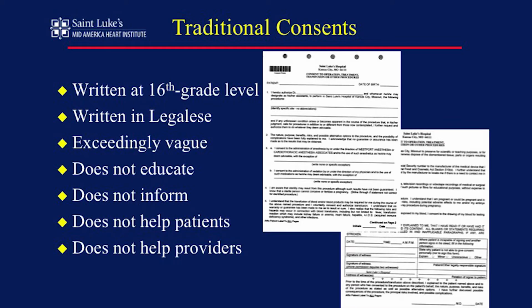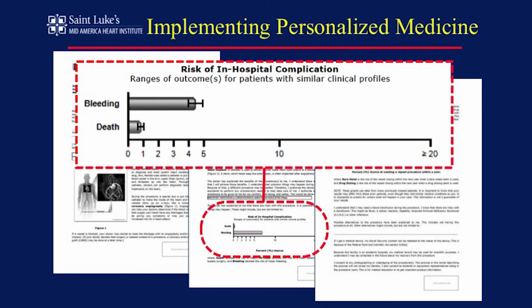So we sought to replace the consent forms, which every patient needs to complete before they undergo angioplasty, and which currently do not inform or educate patients much, with a personalized consent form that provides much greater explanation of what an angiogram, angioplasty, and a stent are, but also embeds each patient's predicted risk of bleeding from the actual NCDR risk model.